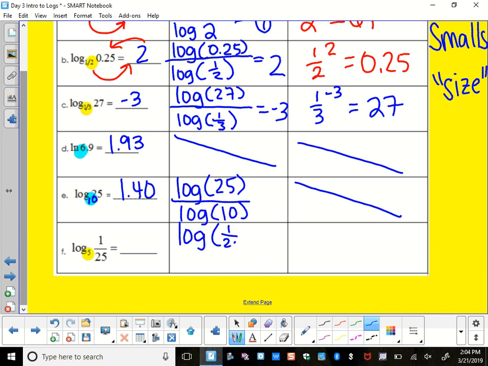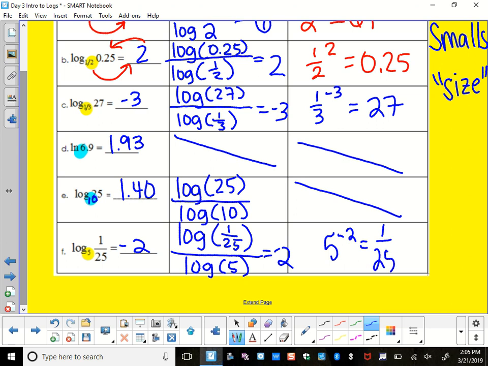Log of 1 over 25. Alright, divided by log of 5. Then your calculator, you got what? -2. Did everyone get -2? Yeah. Good. So if we rewrite this, my base is 5. Your exponent was what? Which equals 1 over 25.